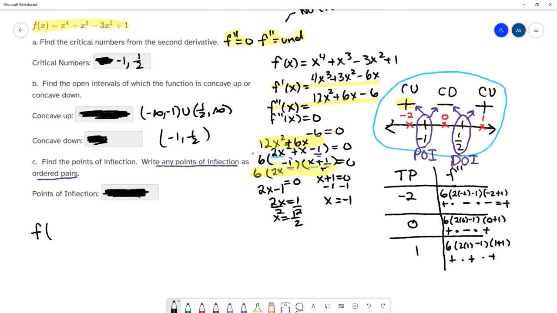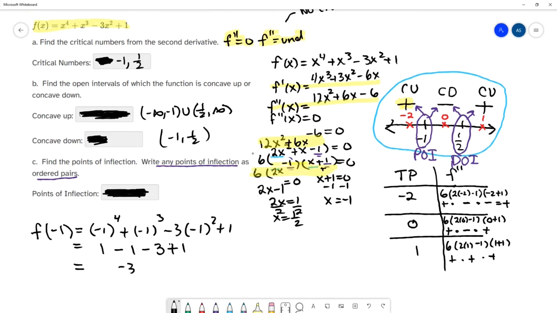F of -1 being -1 to the 4th plus -1 cubed minus 3 times -1 squared plus 1. That's a +1 minus 1 minus 3 plus 1. So that is -3 plus 1 is -2. So we have a point of inflection at -1, -2.